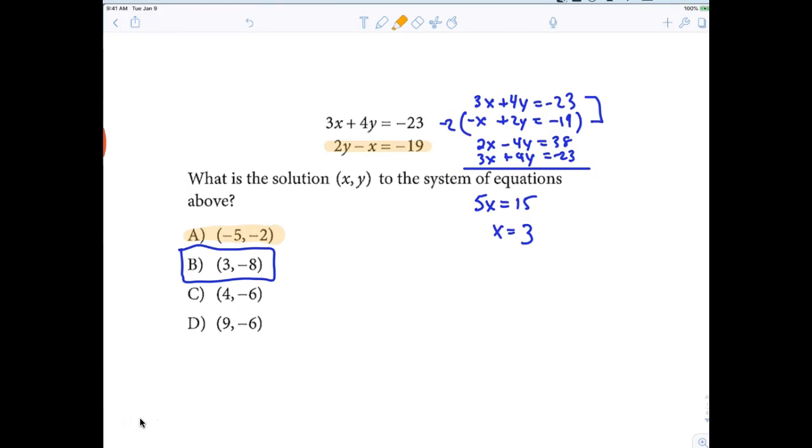I can take these numbers and plug them in. If I put 3 in for x and I plug negative 8 in for y, that's going to equal what? Negative 23. And if I plug negative 8 in for y and 3 in for x, that's going to equal what? So I know I'm correct. Is everybody with me on this?